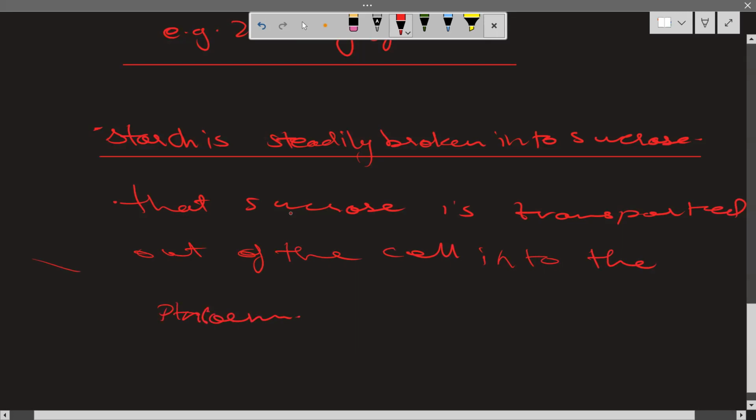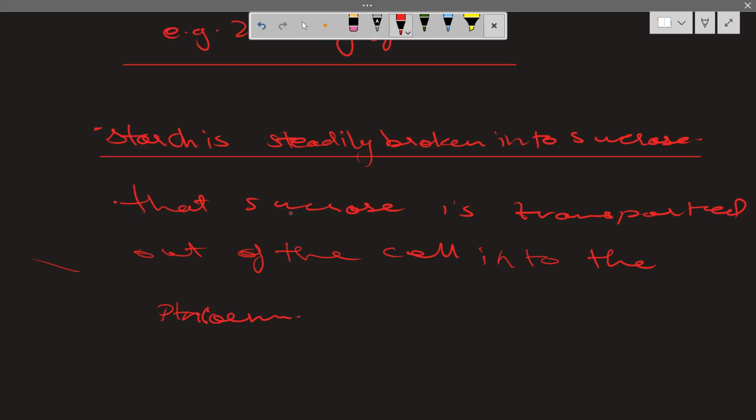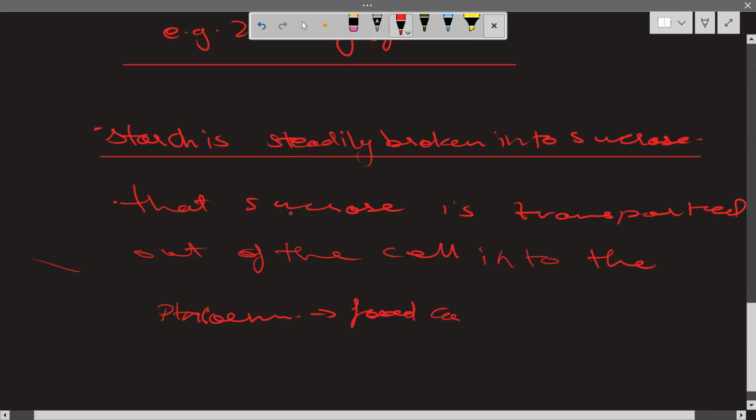And then what is the phloem? The phloem is the food carrying cells of the leaf veins. Okay, so these are the food carrying cells of the leaf vein.